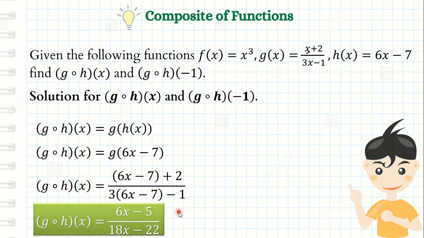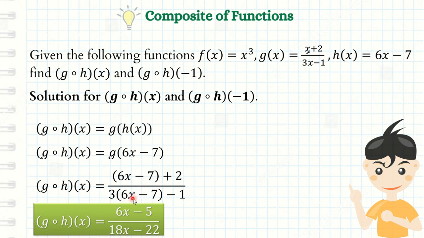Sir, paano ulit yung nakuha? Okay, sa numerator po, ang pareho lang po dyan or yung like terms lang po is yung constant, which is the negative 7 and then the positive 2. So by combining them, magkakaroon po tayo ng negative 5. Then copy lang po si 6x. For the denominator, just like what I told you kanina, we're going to distribute first the 3 inside the parenthesis.